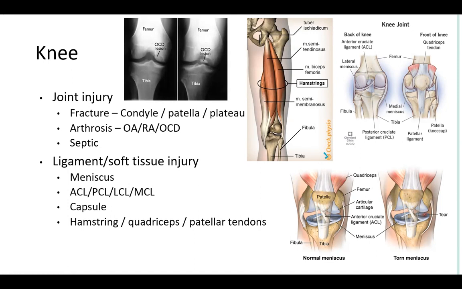This is where the ACL injury can happen. The ACL is responsible for the relationship between the tibia and the distal femur, so it controls translation to the front. If you have an ACL injury, the tibia will translate more forward. If you have a PCL injury, it will translate back. So this is very important to appreciate. And this is what they teach. In sports medicine rehabilitation, one of the major things is injury prevention.